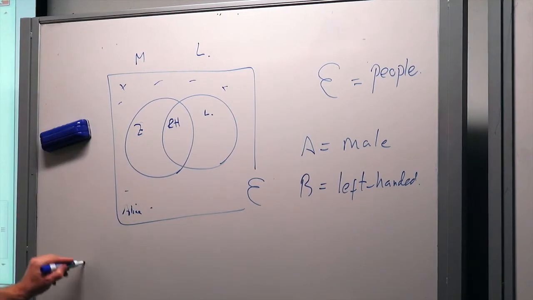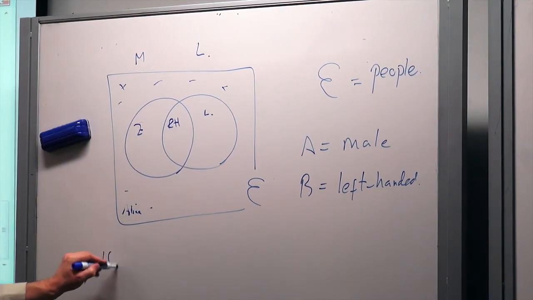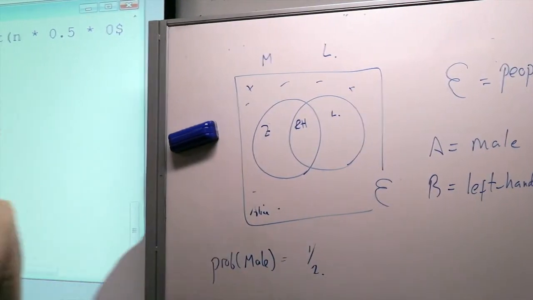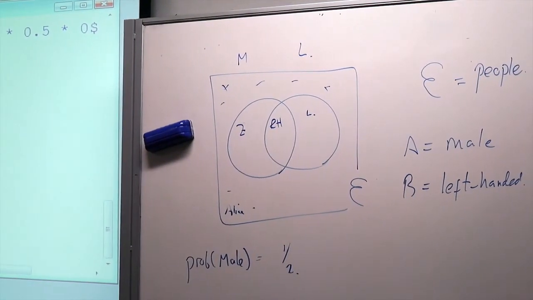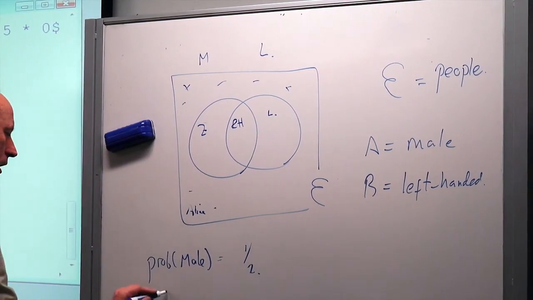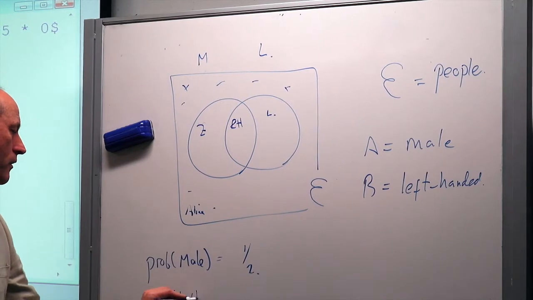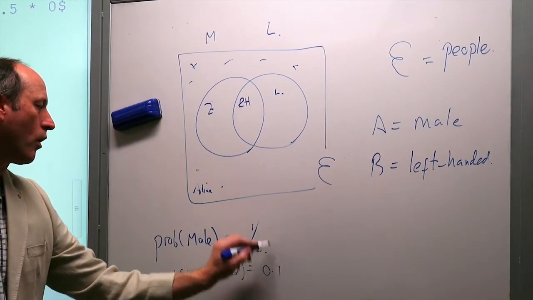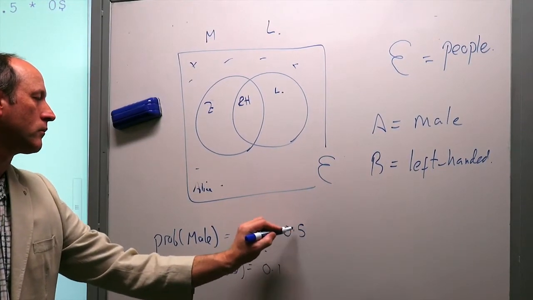So you might ask, what's the probability of being male? Well, we might say that's a half. That's nice. We also might say, what's the probability of being left-handed? That might equal 0.1, let's say.